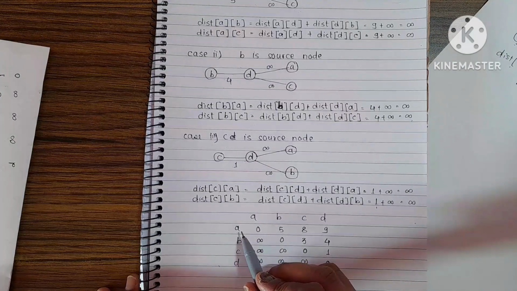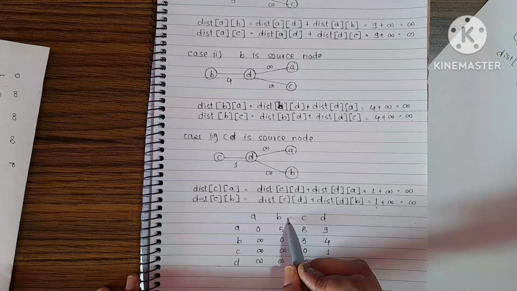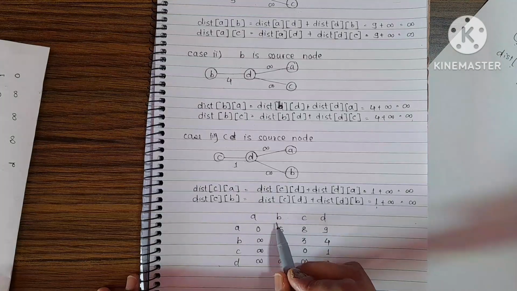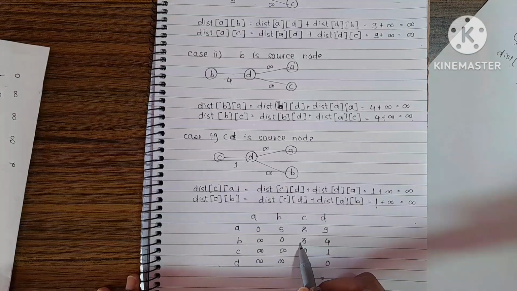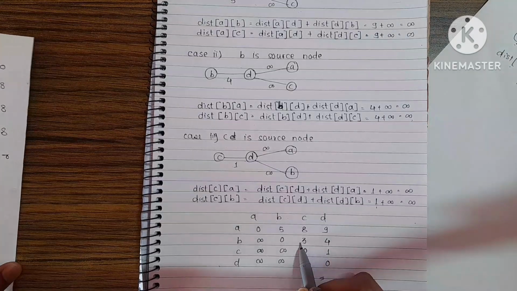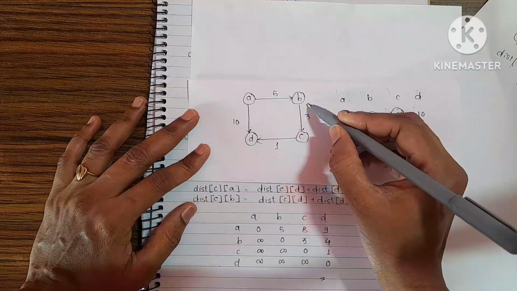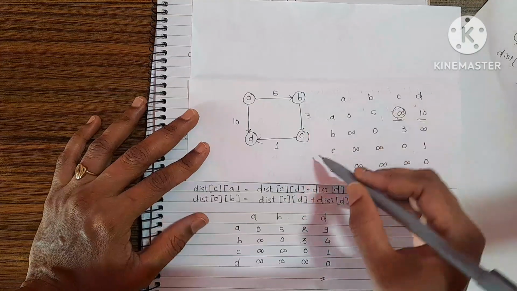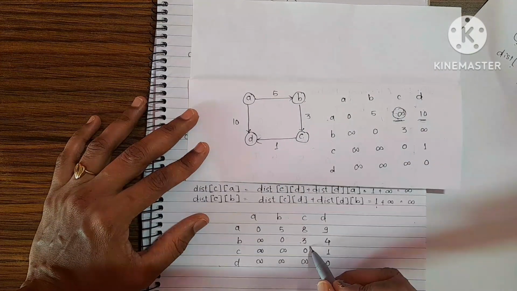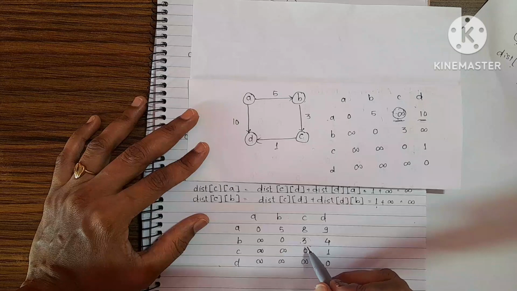So here if you consider any pair, if you consider BC, then this is the shortest distance. See, this is the given graph. If you consider BC, then this is able to give us the shortest distance 3.